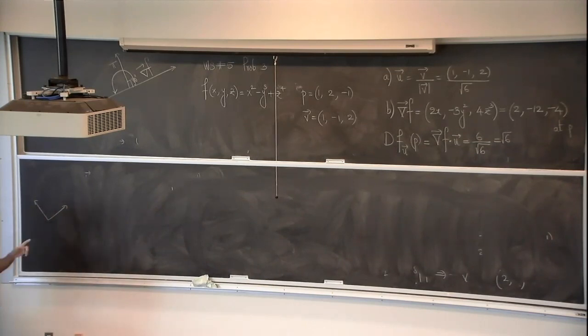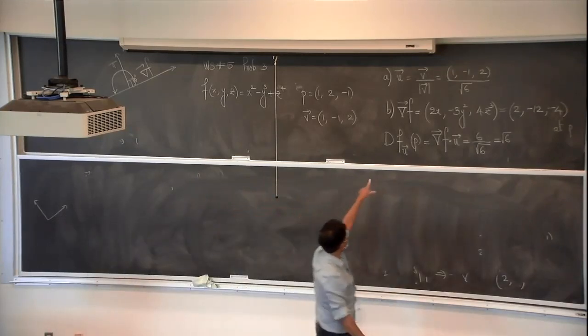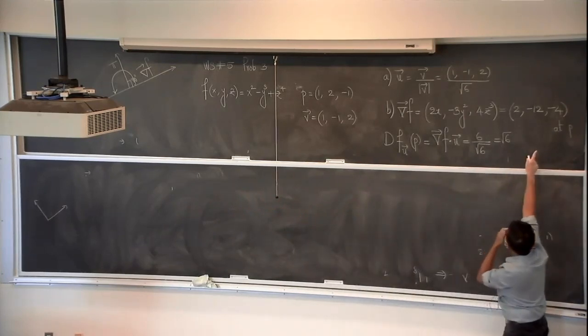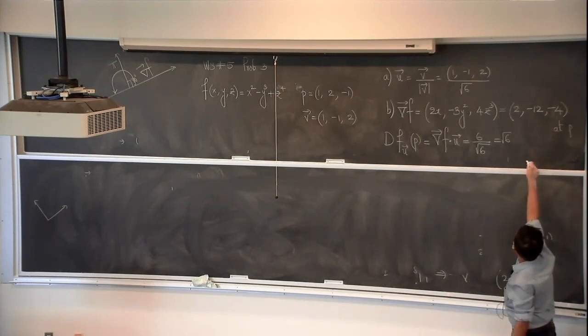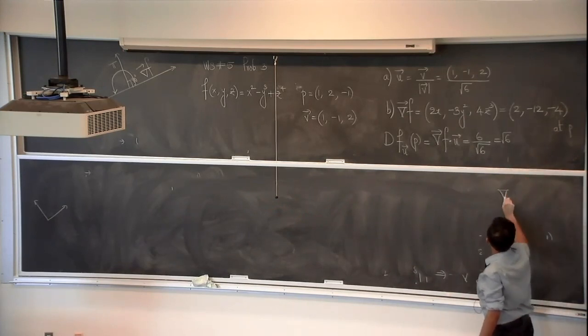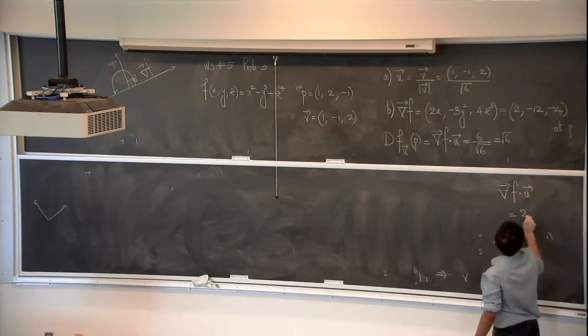Everybody okay with part B? Any questions? The directional derivative of f is the dot product of the gradient vector with the unit vector there, right? And finding the dot product would be just multiplying the components. So it's going to be 2 plus 12 minus 8.